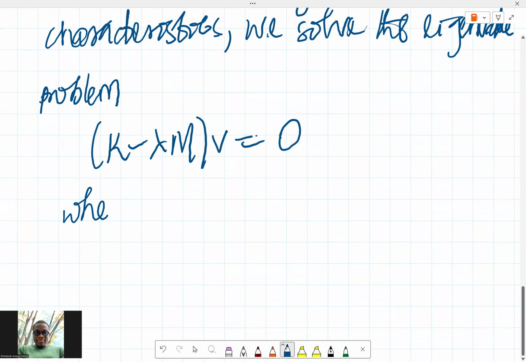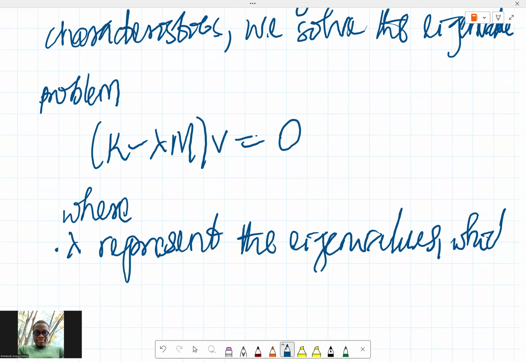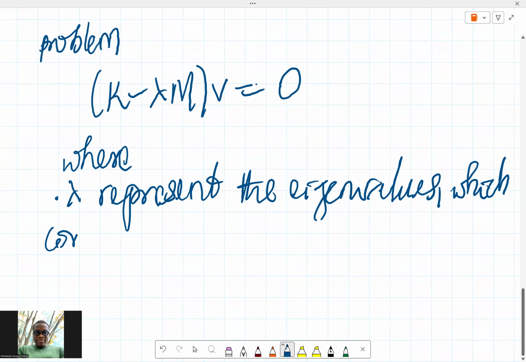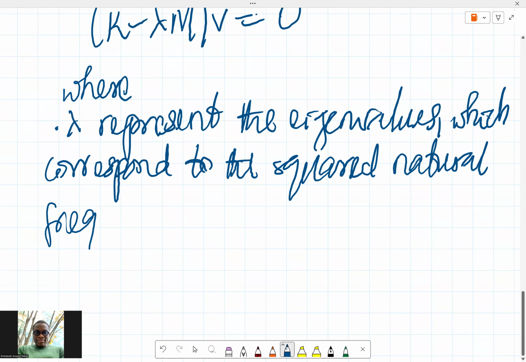Again, where lambda represents the eigenvalues which correspond to the squared natural frequencies.